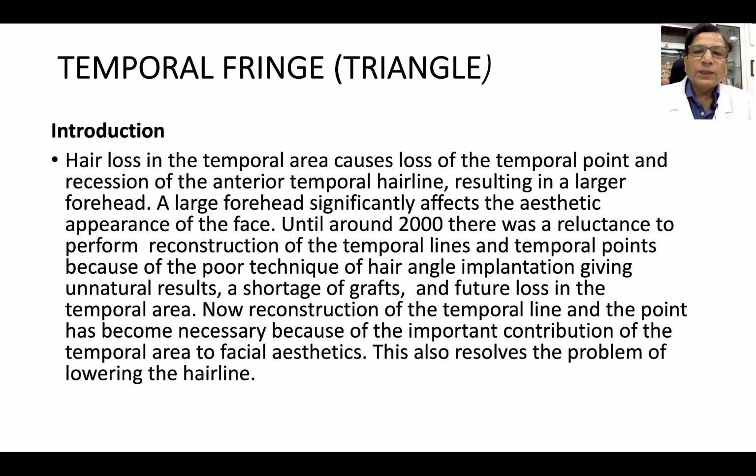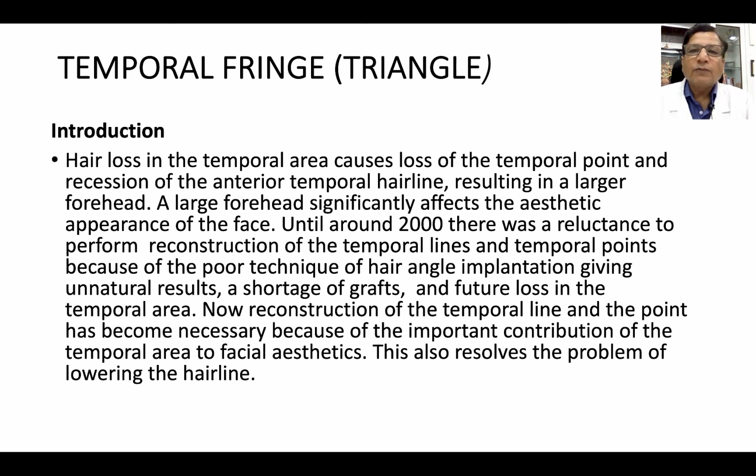The hair loss in temporal area causes loss of temporal point and recession of anterior temporal hairline, resulting in a larger forehead. Means the anterior hairline causes the vertical framing of face and the temporal triangle limits the horizontal limits of the face.